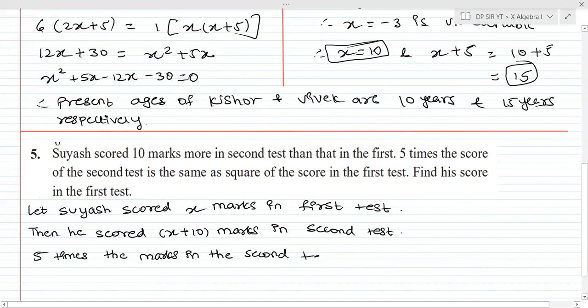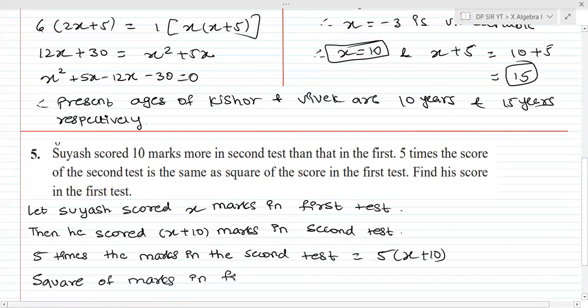Second test is equal to 5 times x plus 10. Okay. And उसका square, the square of marks in first test is equal to, that is x square. Okay.